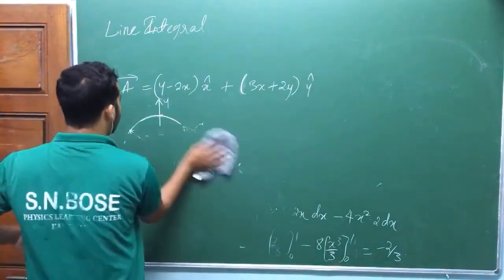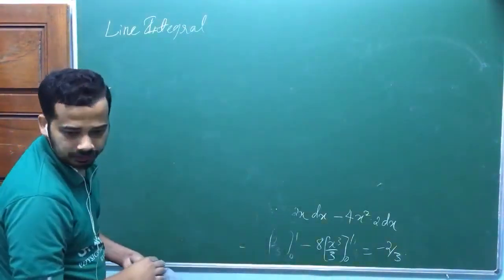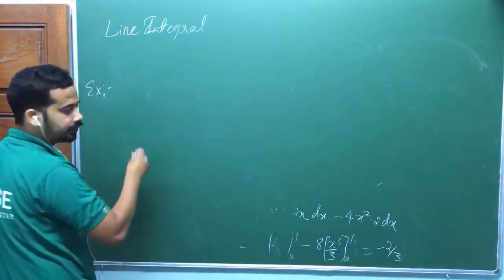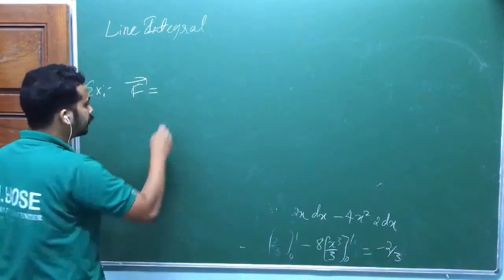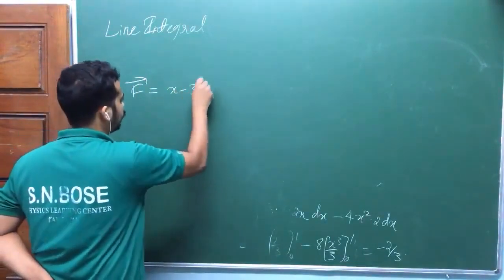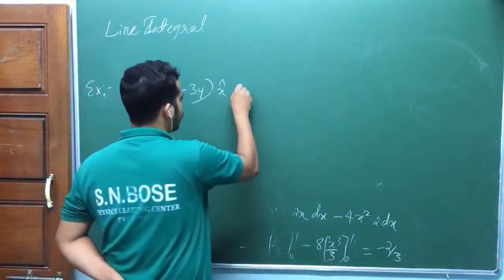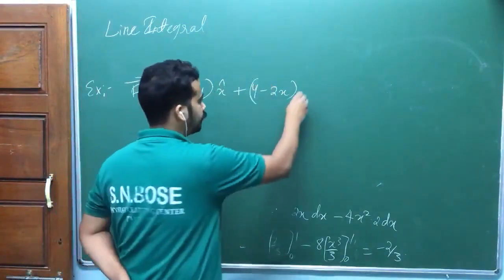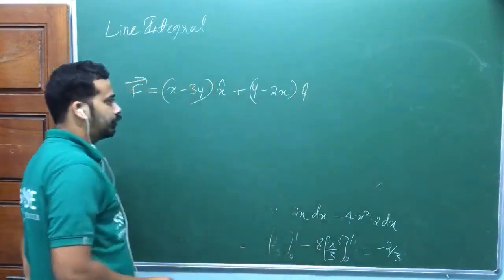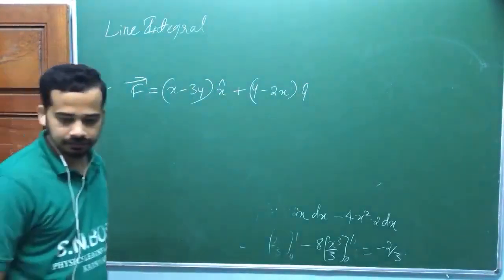Now suppose I give some vector field, just think over it: F is equal to (x minus 3y) x cap plus (y minus 2x) y cap. Do it later after I interpret the Stokes theorem.